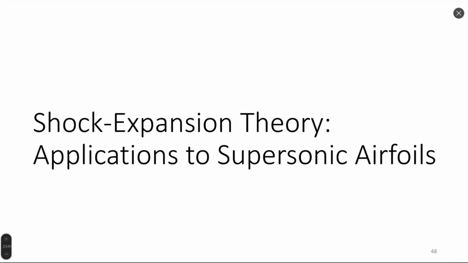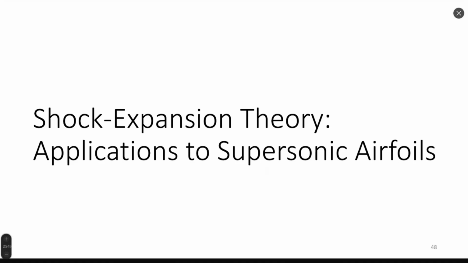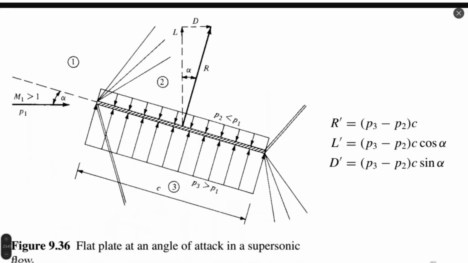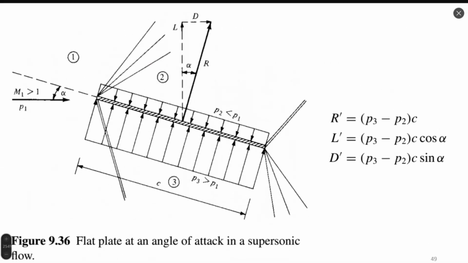Anderson also proposes shock expansion theory to calculate supersonic airfoils. Just very briefly, passing how it's calculated. The structure of an airfoil or plane is shown as just a flat plate that is inclined at some angle of attack alpha.